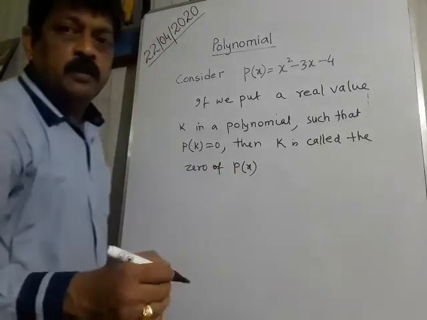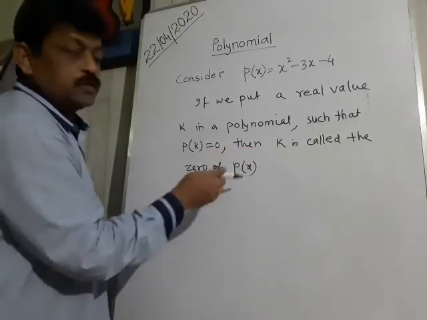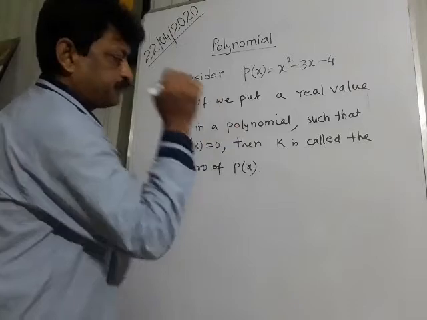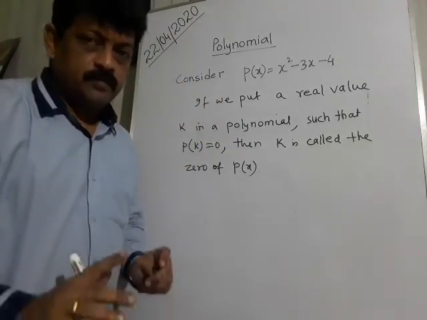If the polynomial is in x, then k is called the 0 of p(x). Understood the meaning of 0 of p(x)? Good.